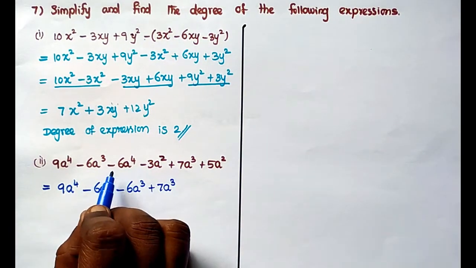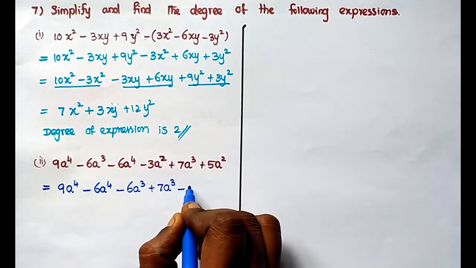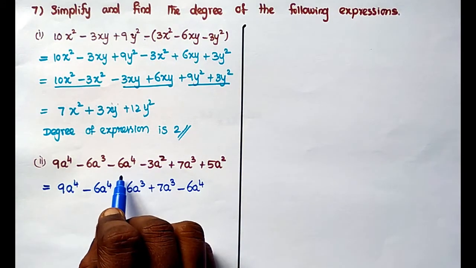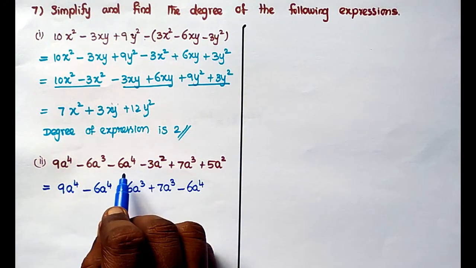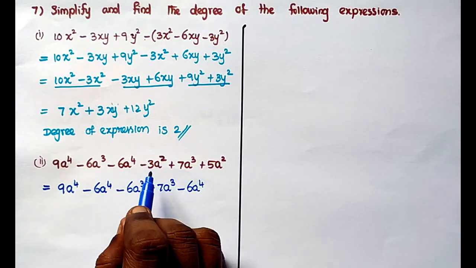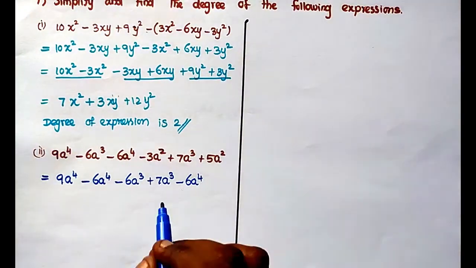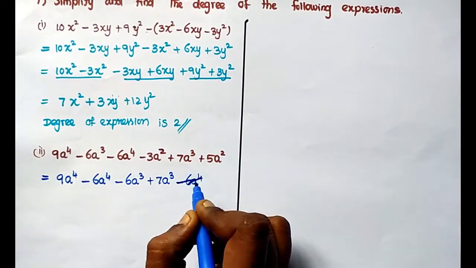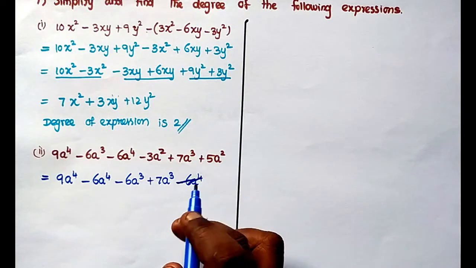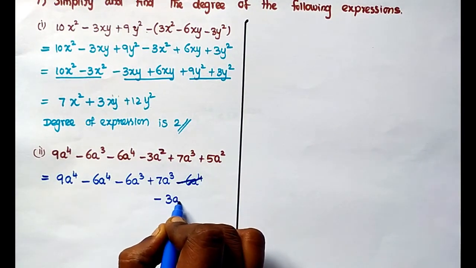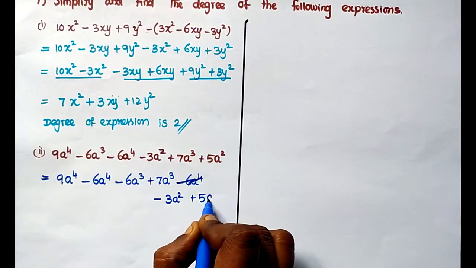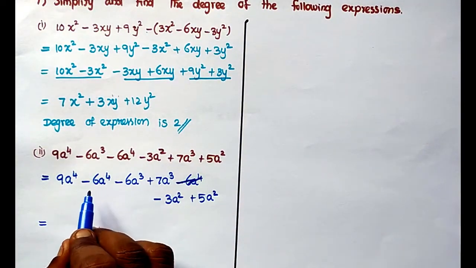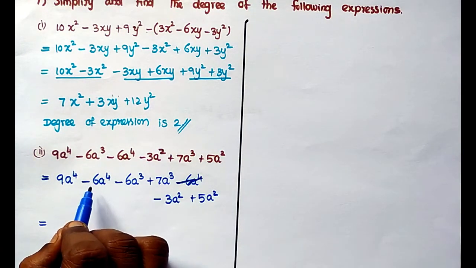And next, minus 6a power 4, already we wrote that. Next term, a squared terms, so minus 3a squared plus 5a squared. Next step, we assembled the like terms, and now the solution.